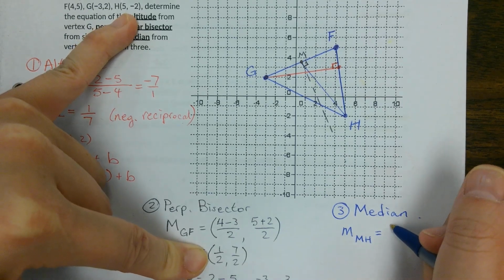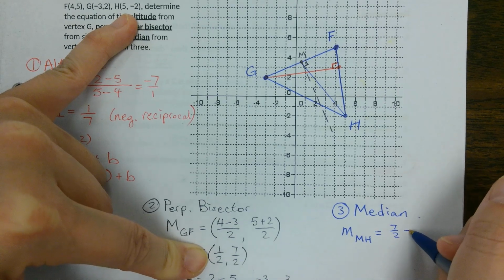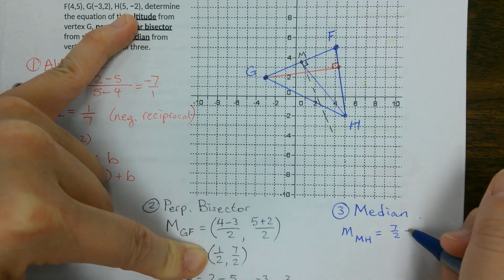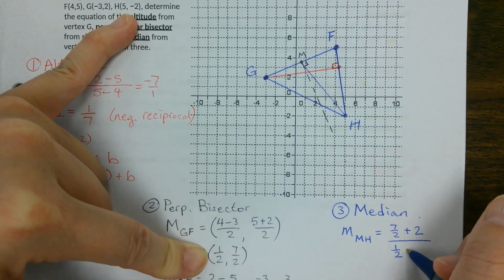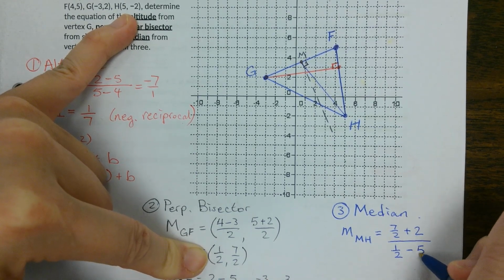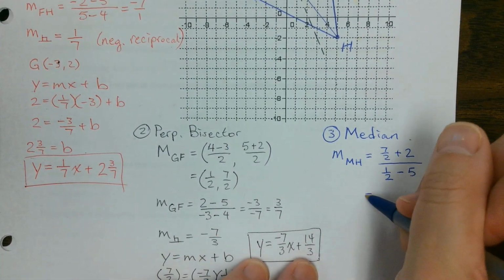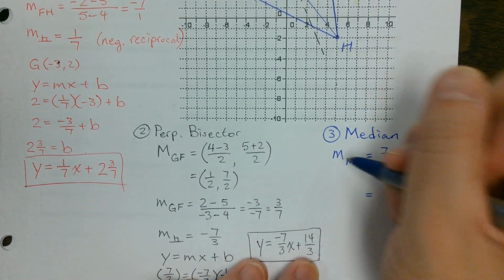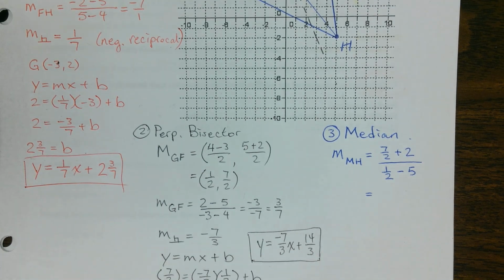Okay, so y2 minus y1 over x2 minus x1. Okay. So this is plus 2, 5.5.